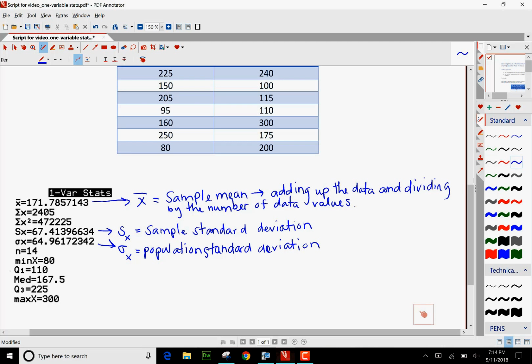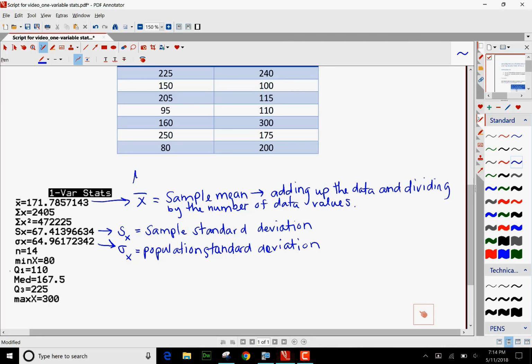And then you get some other information as well. So this particular problem, we were tasked with looking at the measure of center and the measure of spread. So we have this measure of center x bar, which is the arithmetic mean, which means adding them all up and dividing by the number of data values.